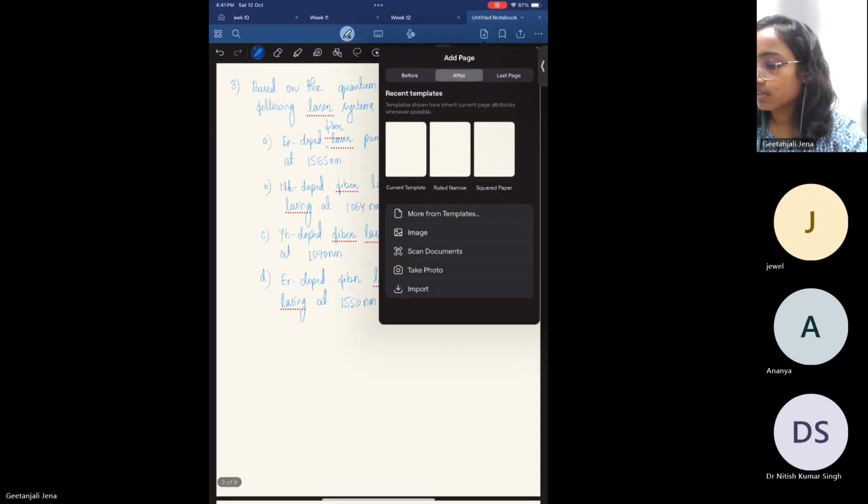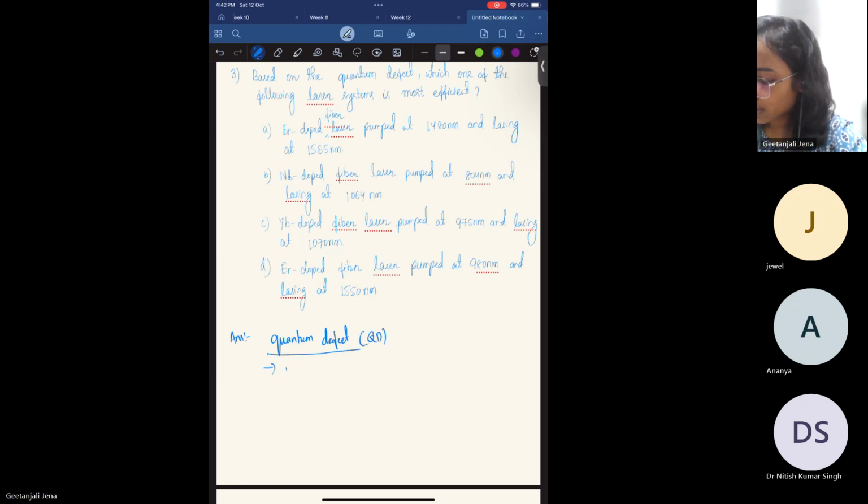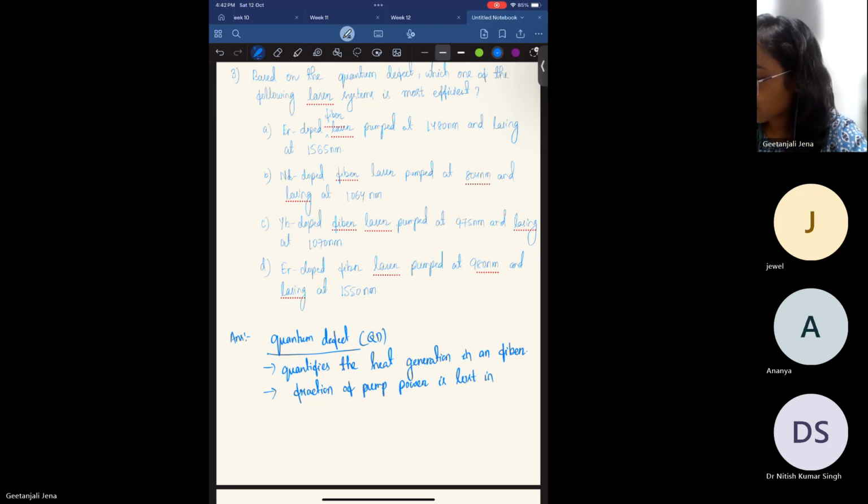So let me tell you the details about quantum defect. If you recall, quantum defect says how much energy of the incident pump wavelength is lost in heat. Quantum defect, or QD, quantifies the heat generation in a fiber, and it typically tells you what fraction of pump power is lost in the form of heat.